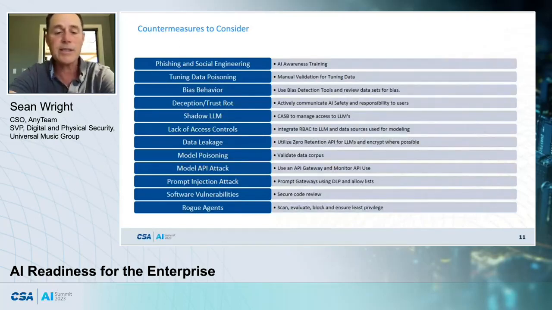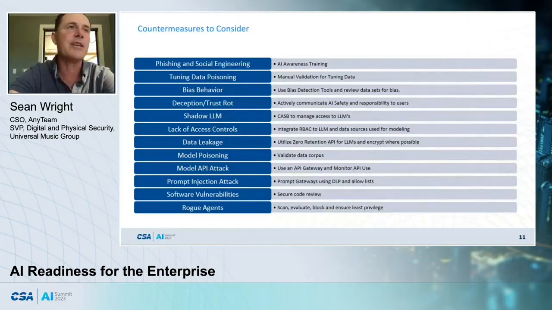And then rogue agents. I think this is a big problem where we have a lot of people wanting to take advantage of things like ChatGPT, or applications that enable some sort of a business function. Those are all agents that would enable a user to do something leveraging an underlying LLM.